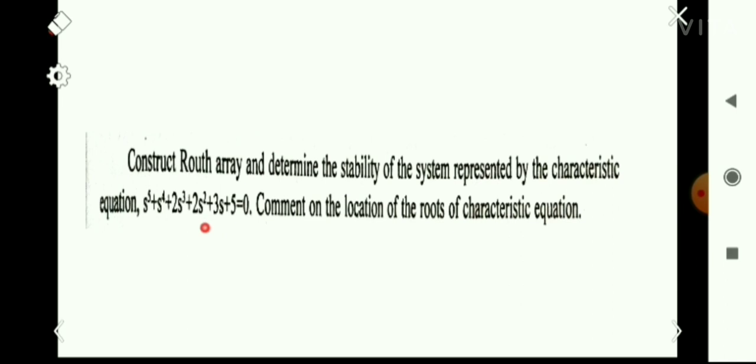The second row is s^4: the coefficient of s^4 is 1, of s^2 is 2, and there is a constant 5. Taking alternate coefficients, the row is 1, 2, 5. On the left side we keep the Routh array, and on the right side we do the calculations.